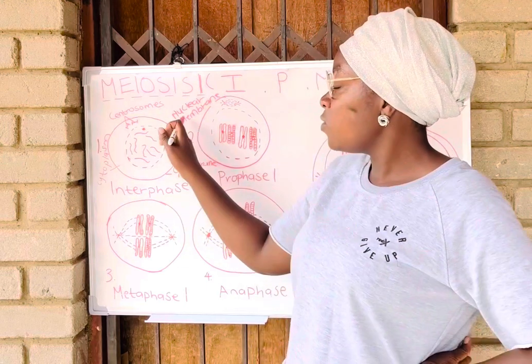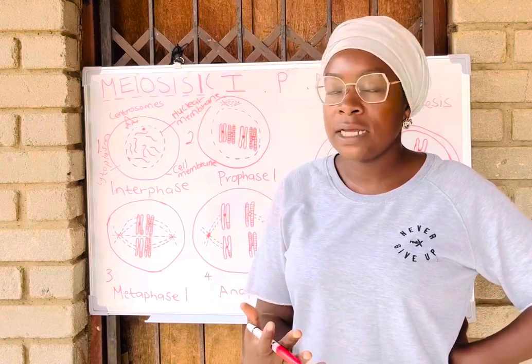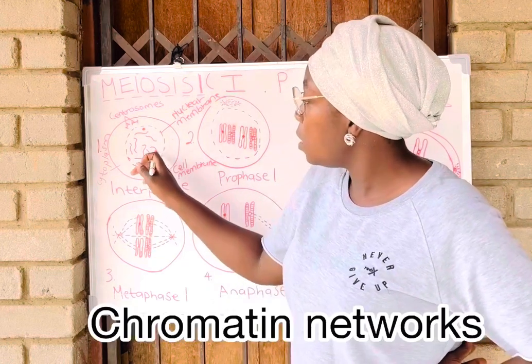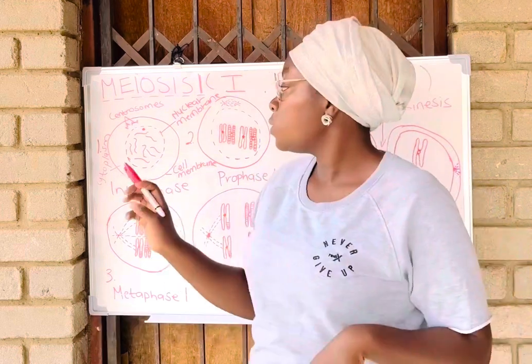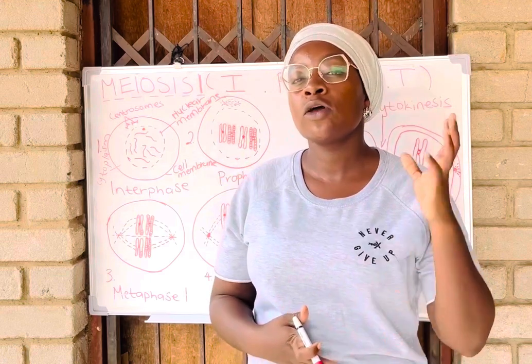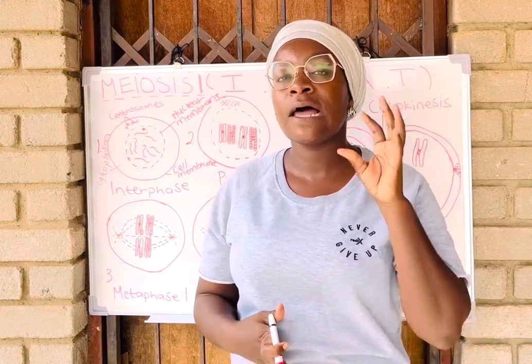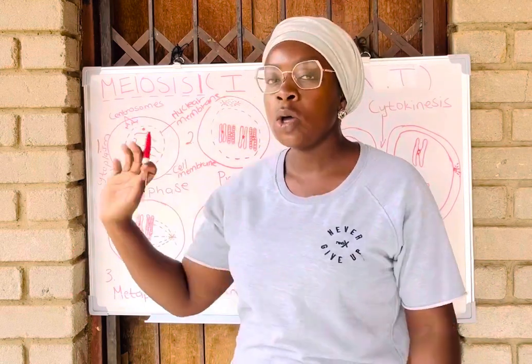Inside the nuclear membrane, we are going to have chromatin networks. I did not write it, but I'll make sure that I include it in this video. These are our chromatin networks, which are going to make chromatids, and then the chromatids are going to make our chromosomes. We also have what we call centrosomes.